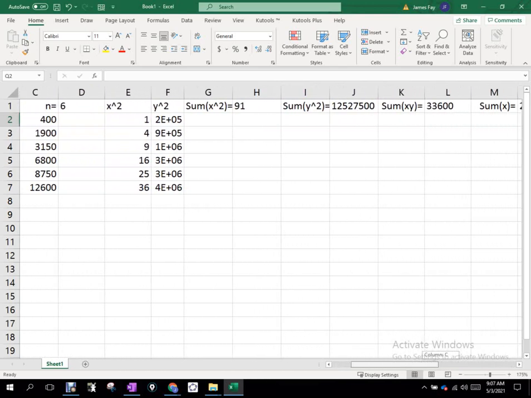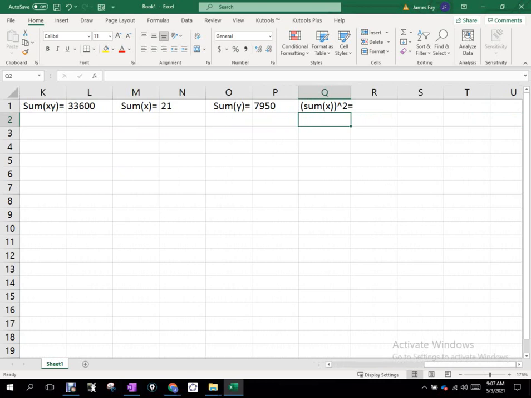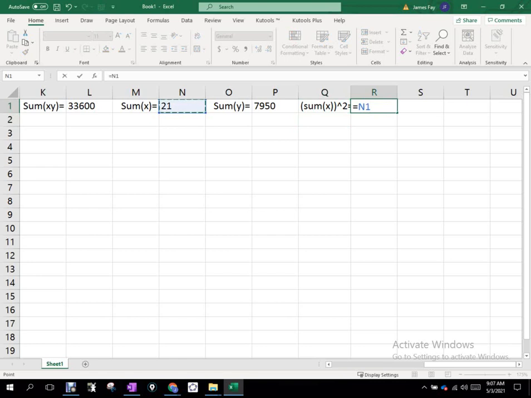No, we didn't, right? Oh, yeah, we do. Okay, so we got sum of x right here as 21. So the sum of x squared will be 21 squared, right? So I'm going to hit equals, and we'll click that cell right there, and then we'll square that.